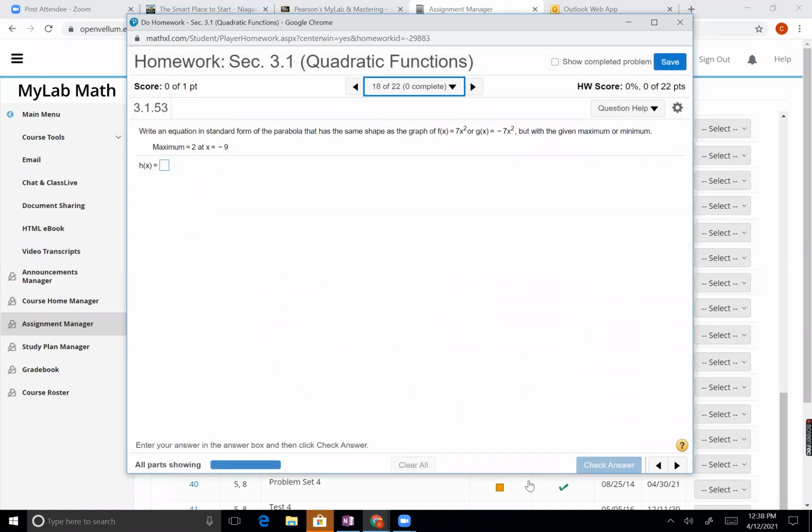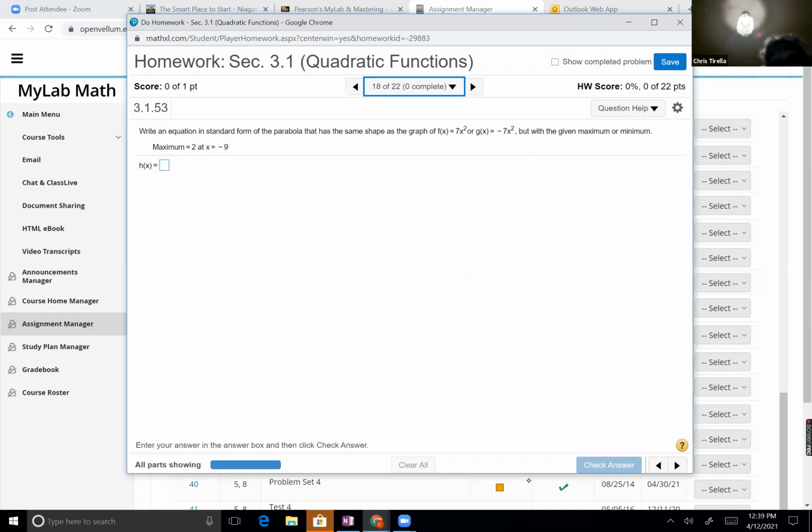Write an equation in standard form of a parabola that has the same shape as the graph f of x equals 7x squared, or f of x equals negative 7x squared. So it's going to be similar to one of those two.